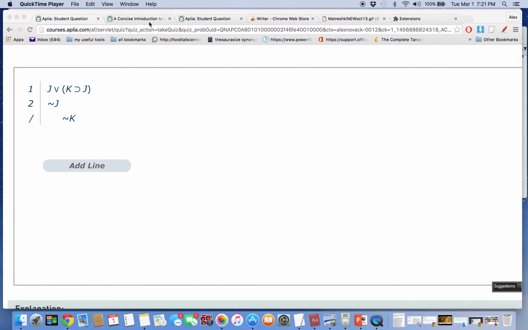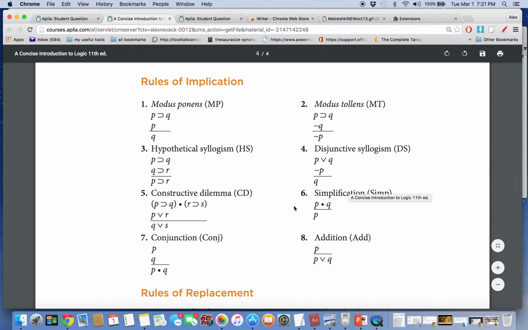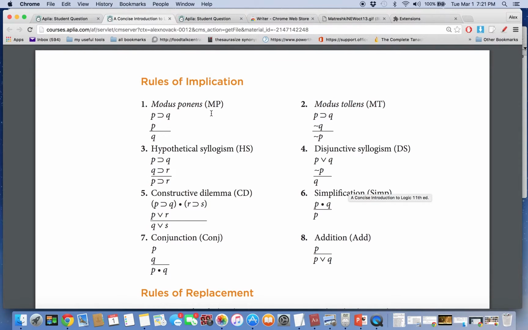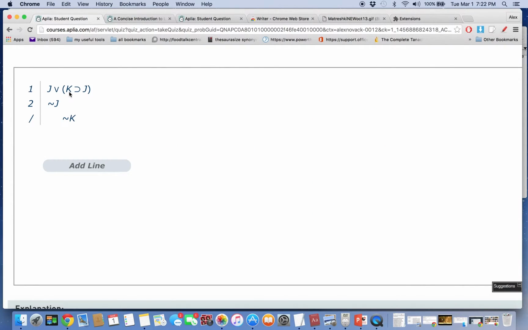You can look here at the rules, and you see there's no rule that fits that form, where it's P wedge and then in parentheses Q horseshoe R. There's nothing that looks exactly like that that lets us pluck that chunk on the left side of the horseshoe, embedded in the chunk on the right side of the main operator wedge.